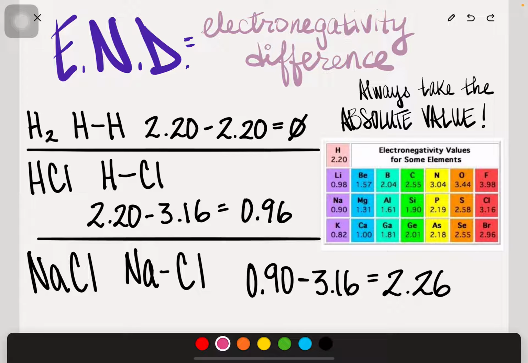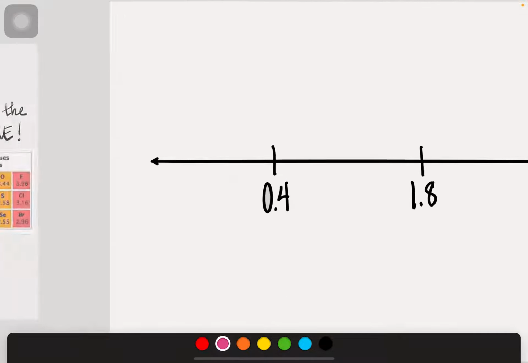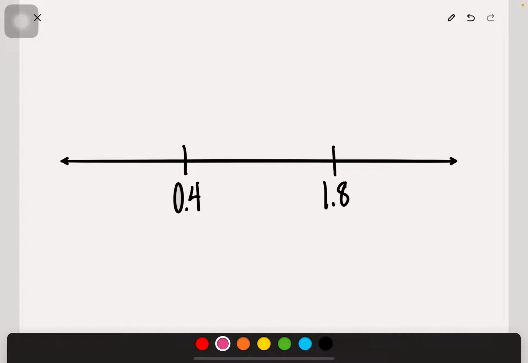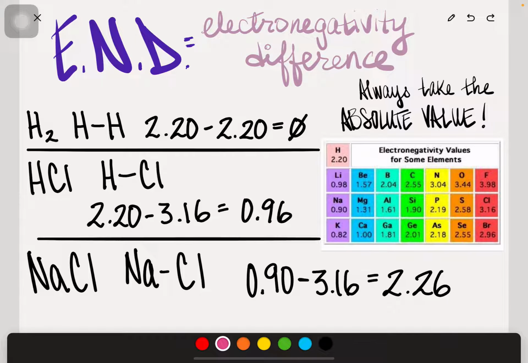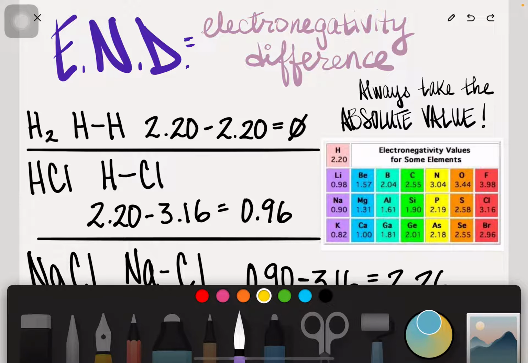All right, so you might ask yourself, who cares? What do these numbers mean? Why are we doing this? The difference in electronegativity will tell us what kind of bond there is. So let's go back here, and we'll start with sodium chloride.